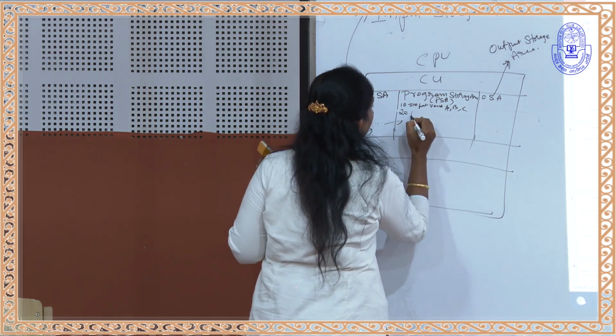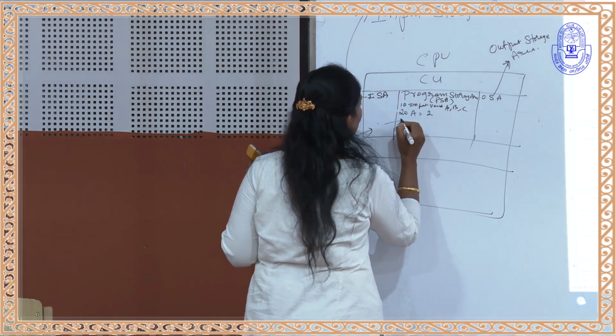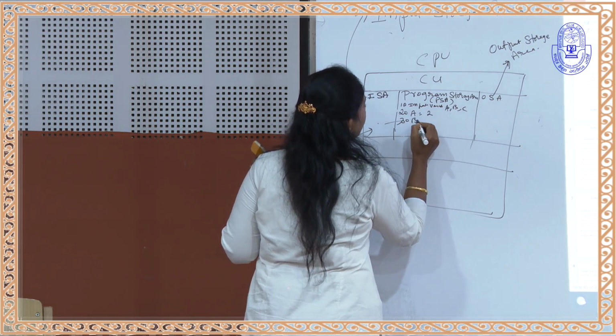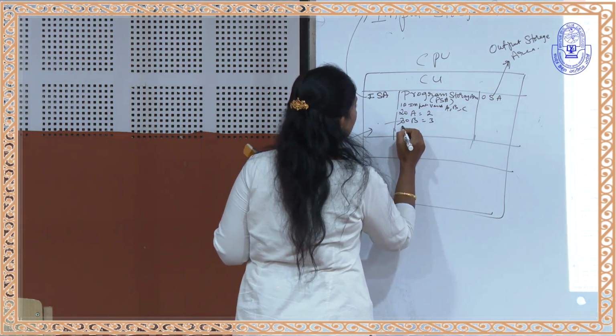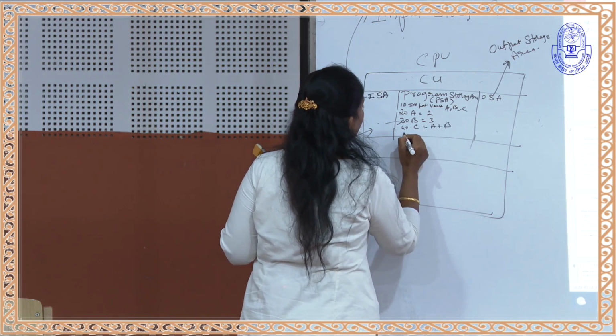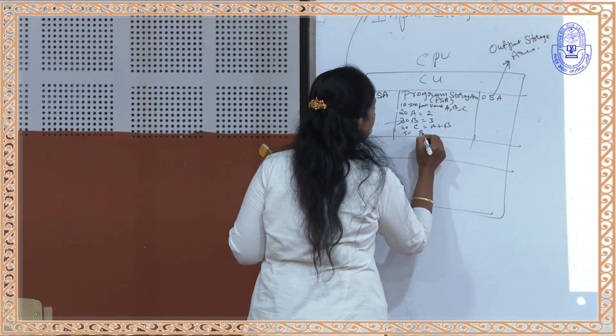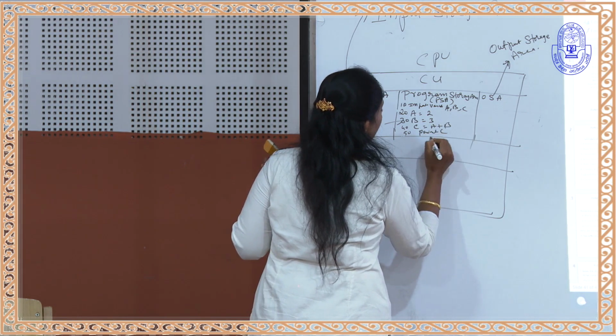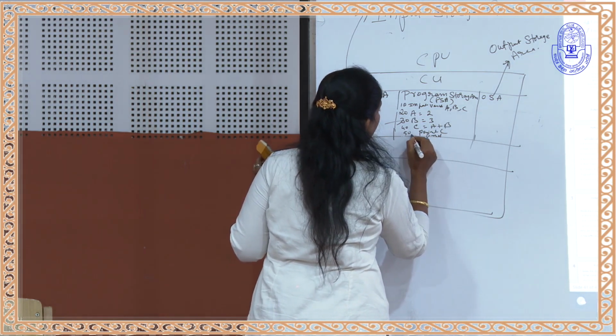Line number 20, A is equal to 2. 30, B is equal to 3. 40, C is equal to A plus B. 50, print C. 60, end, stop.